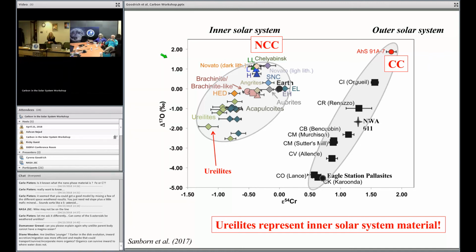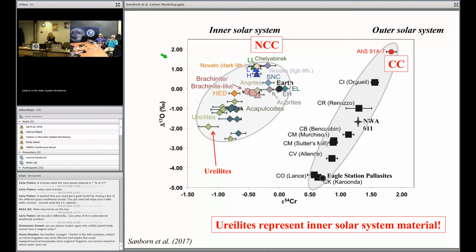The other question in the chat box is, can you explain again why the Uralite parent body cannot have a magma ocean? Yes, although it's hard to explain without the proper diagram, which would be an oxygen isotope diagram. Uralites have another characteristic that distinguishes them from other groups of achondrites, like the HED meteorites or the Albrights, and that is that their oxygen isotope compositions don't fall on a mass fractionation line, which is a slope 1/2 line on the standard 3 isotope plot.